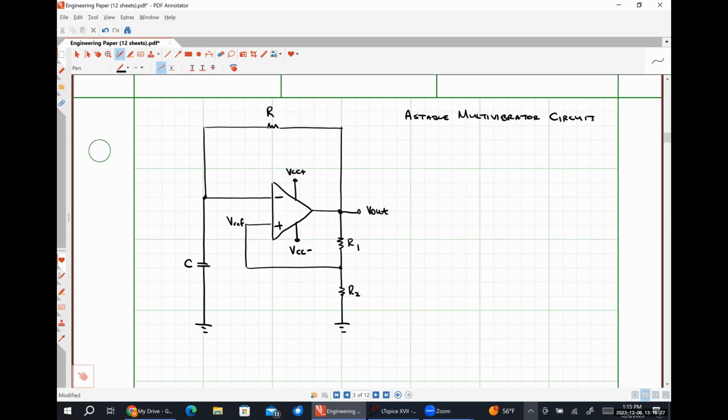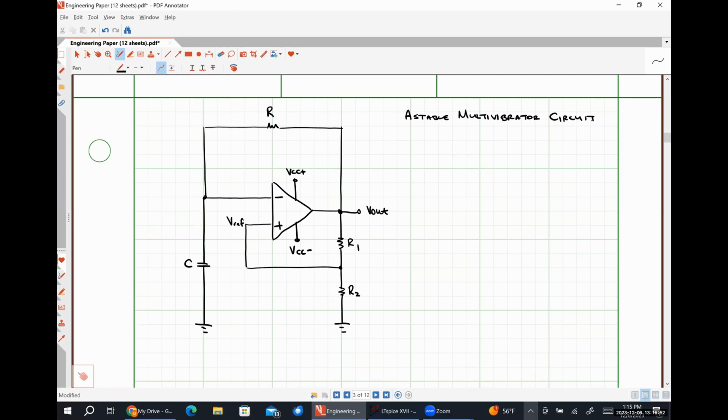Not stable. Okay, fair enough. So we actually have two stability points for this thing. Our output is going to swing between VCC plus and VCC minus, exactly like we saw in our Schmitt trigger. So those are our two stable states, and everything in between is just astable. So we're going to push it towards one or the other at any given point in time.